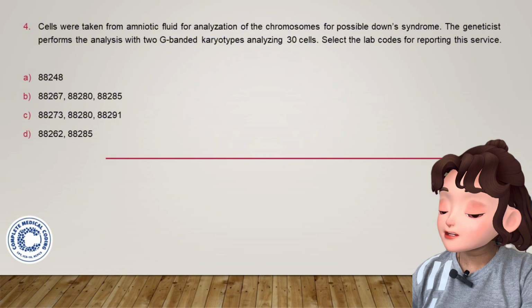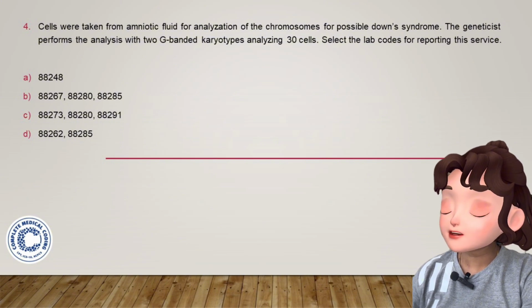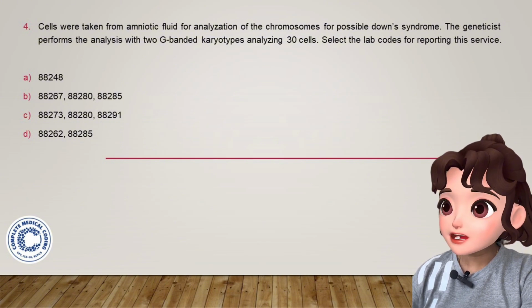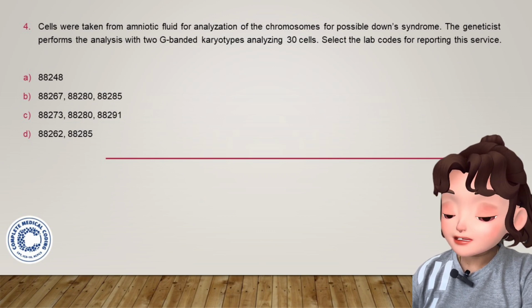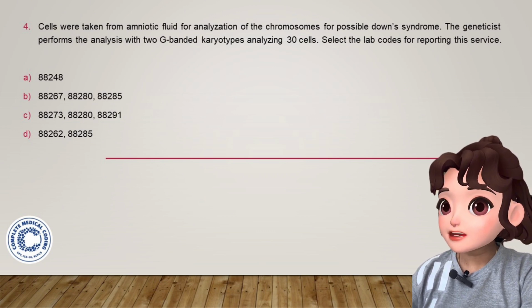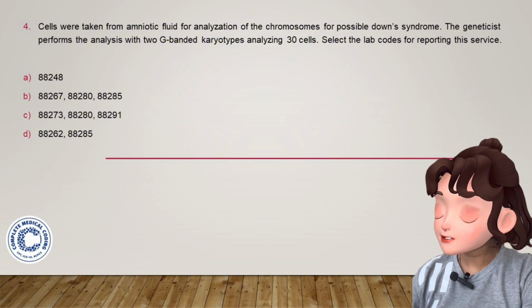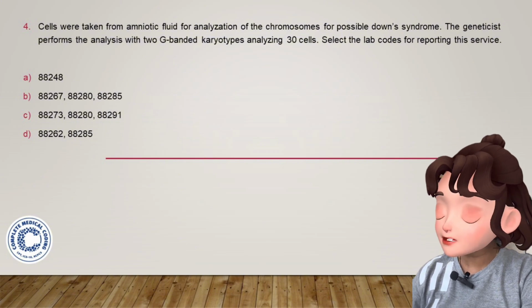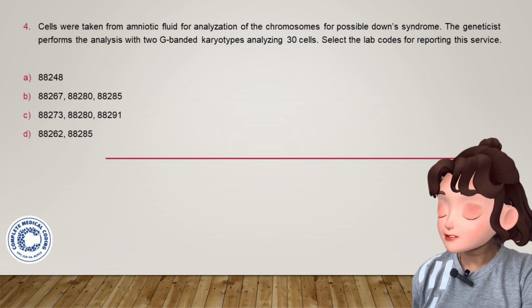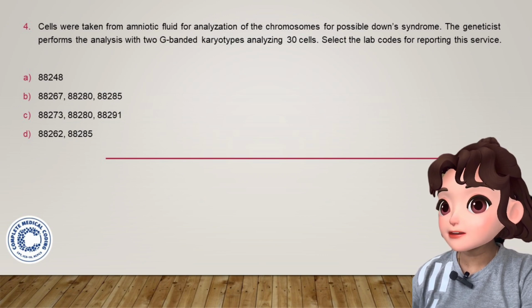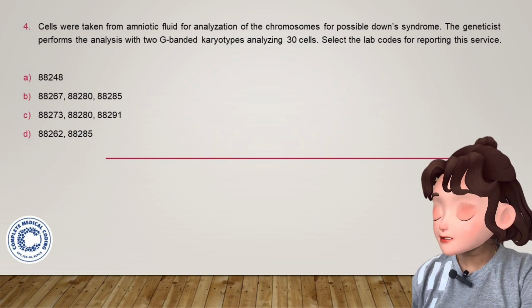So in the first option 88267, it's only 15 cells and one karyotype. So we will go to another code for the 30 cells option. 88280, additional karyotypes, each study, means each additional karyotype.